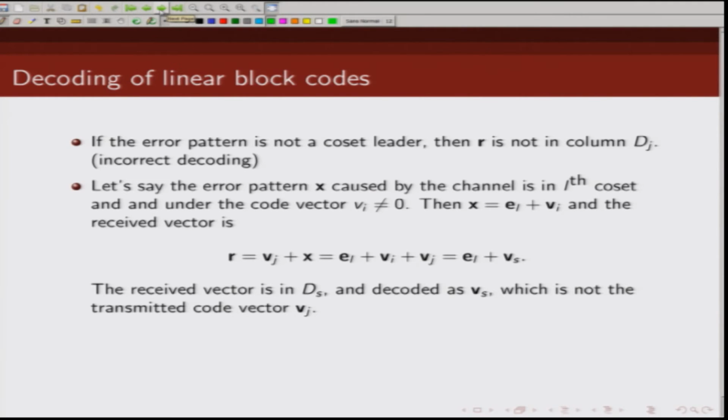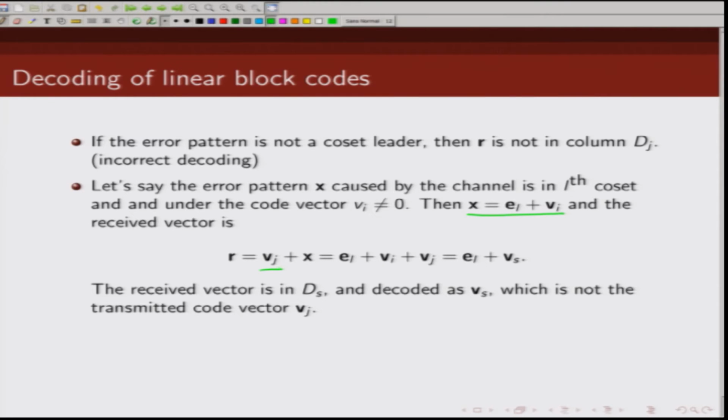So, let us look at an error pattern X caused by the channel, and it is in the lth coset. We write this error pattern as El plus Vi. If we transmit code word Vj and encounter this error pattern, what we would receive is Vj plus X. This would be nothing but El plus Vi plus Vj.